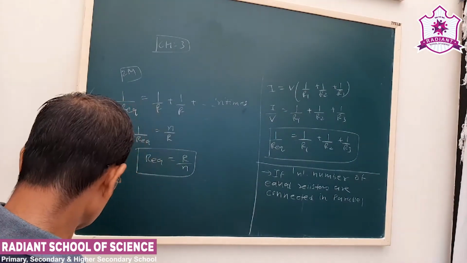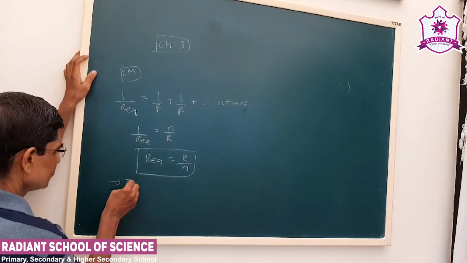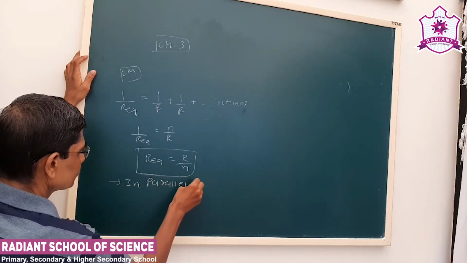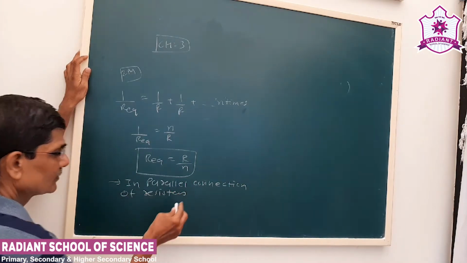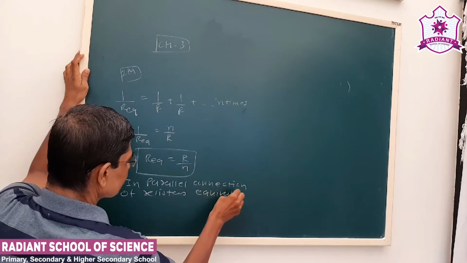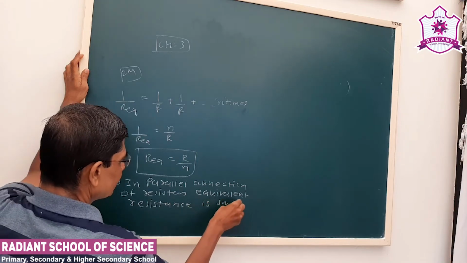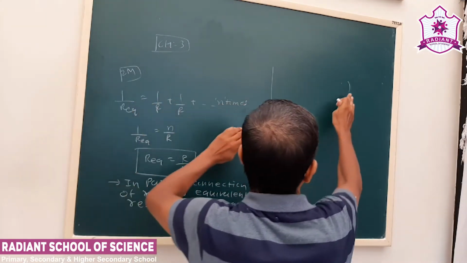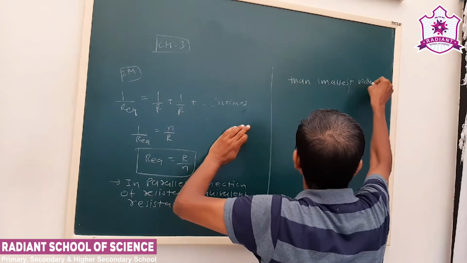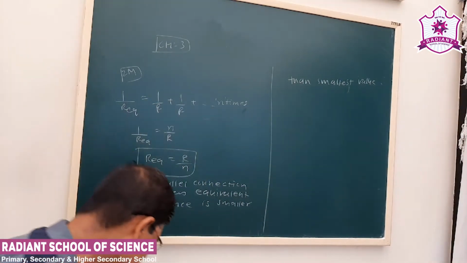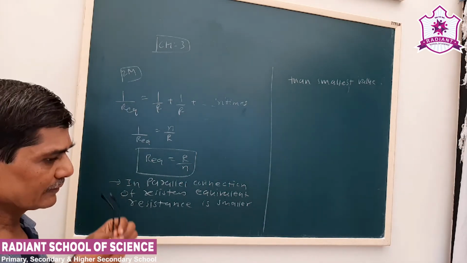So what we have to keep in mind here also, that in parallel connection of the resistors, equivalent resistance is smaller than the smallest value.